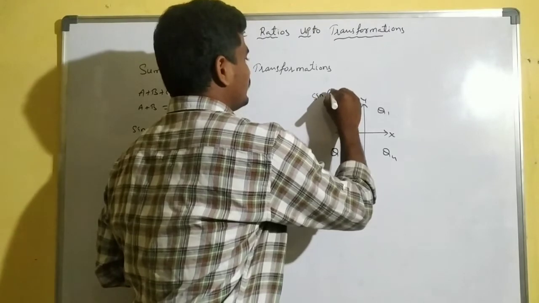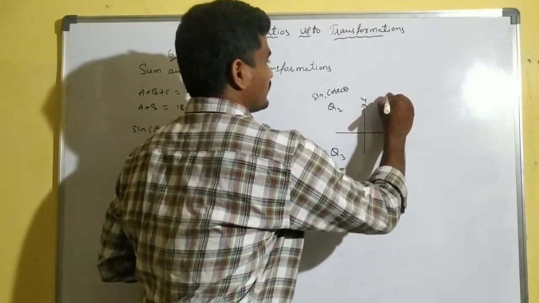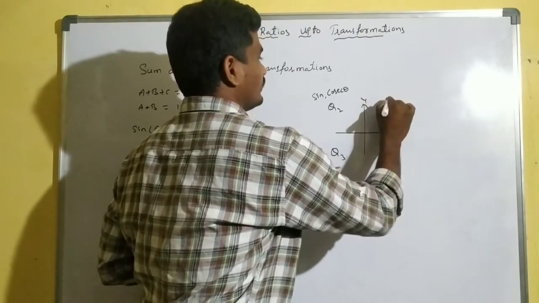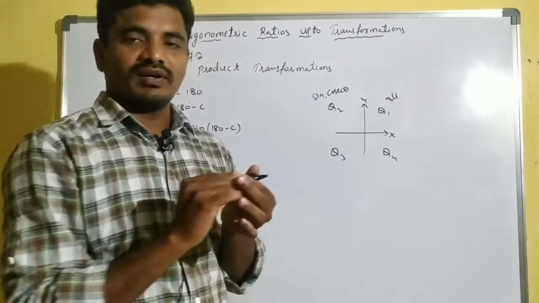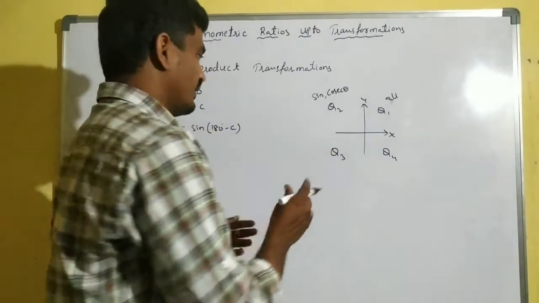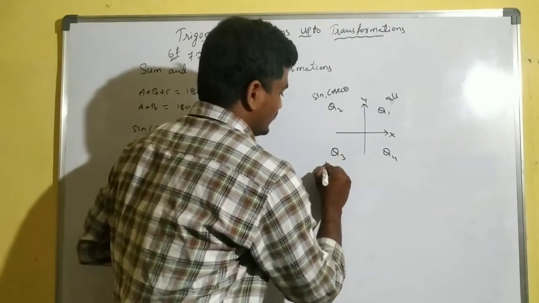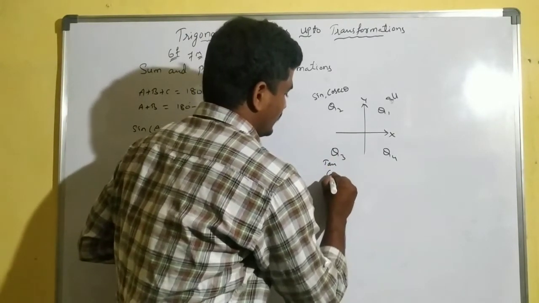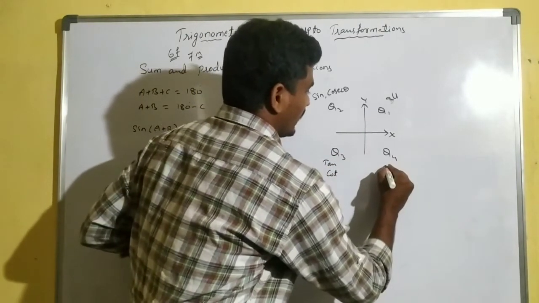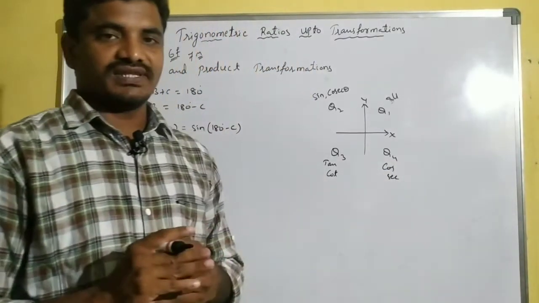In the first quadrant, all ratios are positive: sine, cos, tan, cot, sec, cosec, everything. T stands for tan, and tan and cot are positive in the third quadrant. The last one is cos, and its reciprocal sec is positive in the fourth quadrant.